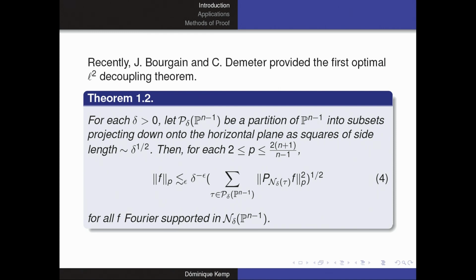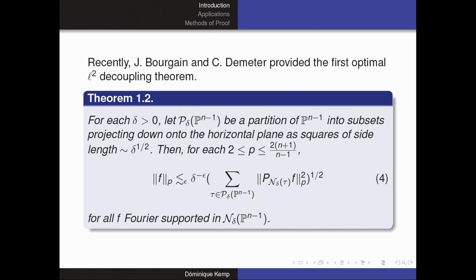But also they were able to prove optimal decoupling for hypersurfaces of so-called positive definite second fundamental form. So these would be hypersurfaces where the principal curvatures are all positive. So locally, they look like spheres. And yes, Bourgain and Demeter provided the optimal decoupling for those hypersurfaces and many others too that I won't get into.